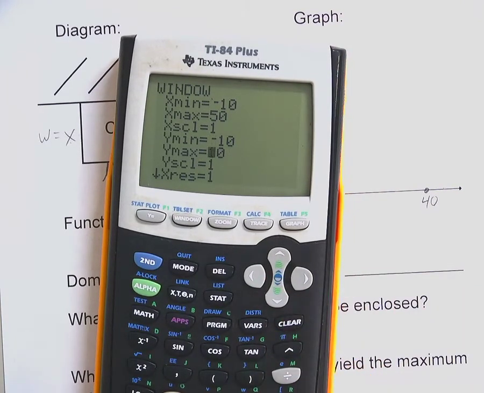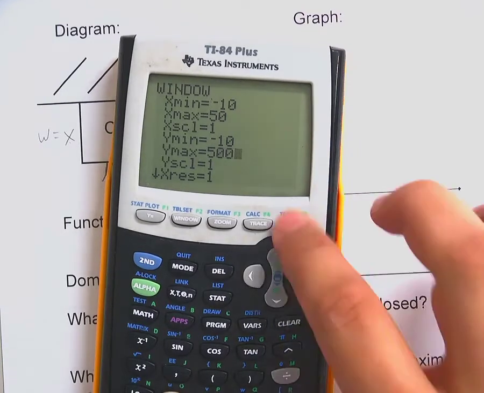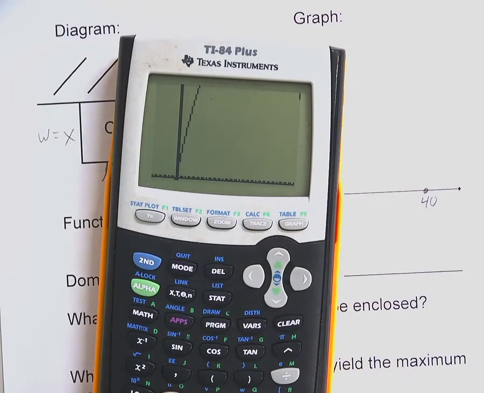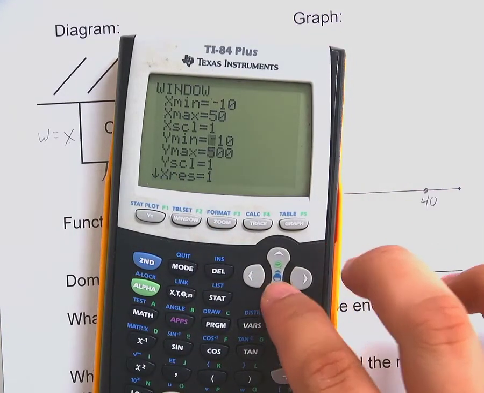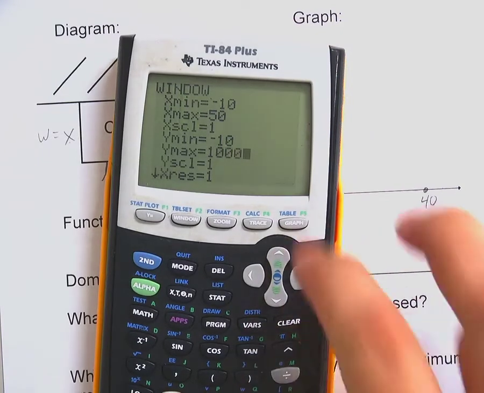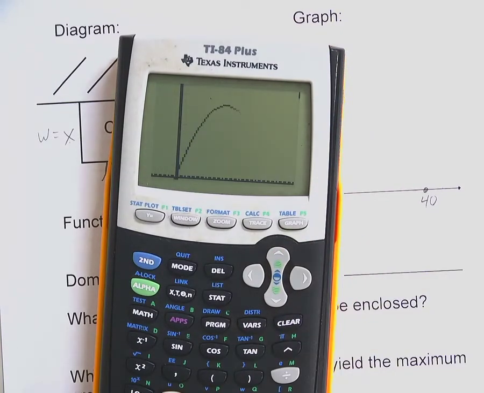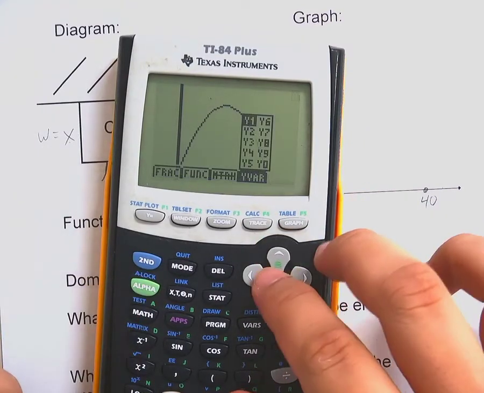Y max, who knows? We're talking about square feet. Let's say 500. Ooh, need a little bit bigger than that. All right, so let's say 1,000. There we go. And let's find that maximum here.